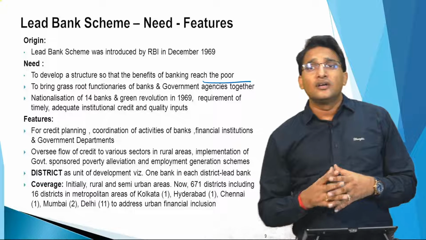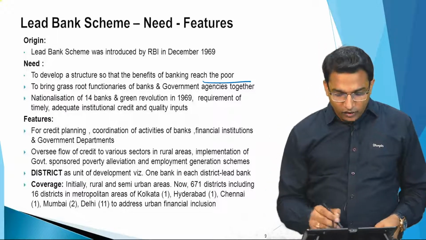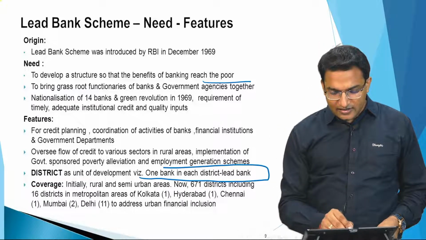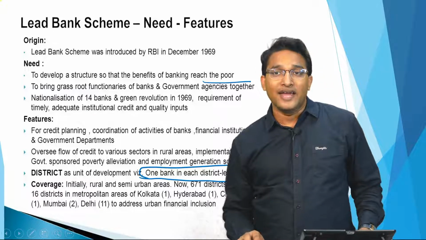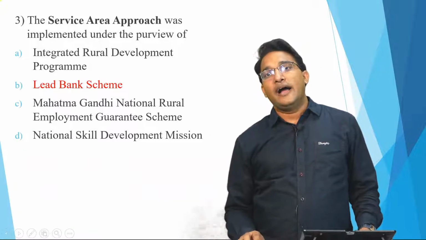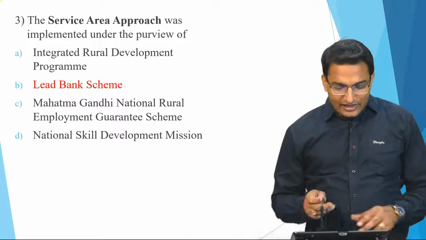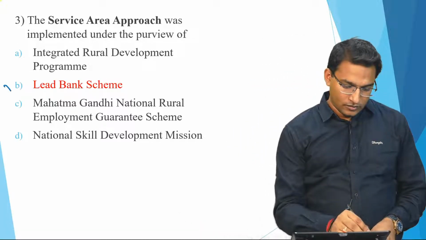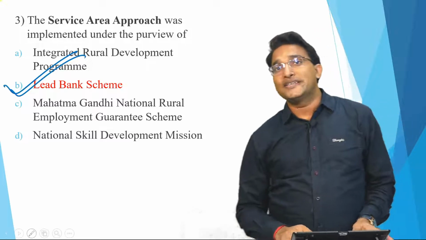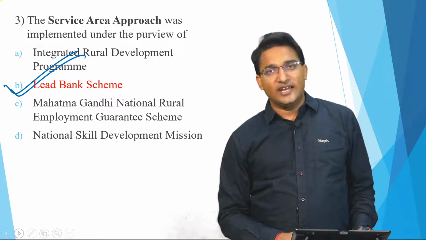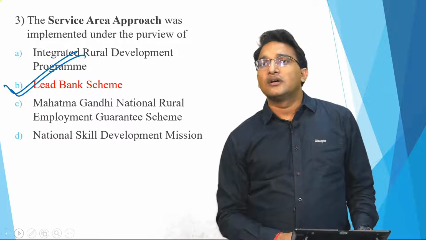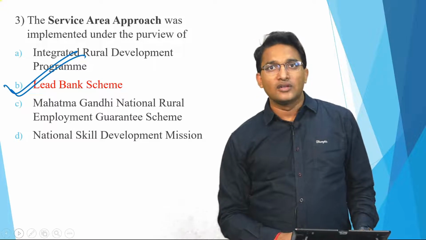Under it, there will be one bank for each district which will take the lead and take care of the entire district's banking needs. Now the answer to this question is Lead Bank Scheme, right? So you can see that you need conceptual clarity as well as a complete idea of all the government schemes.